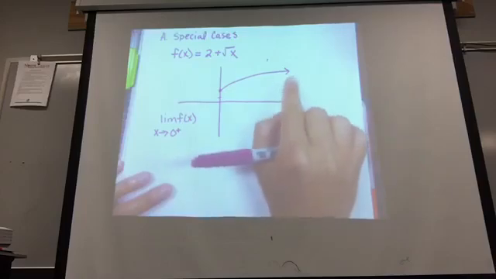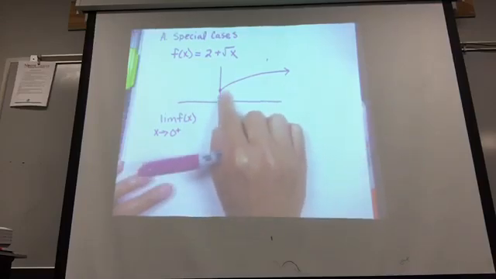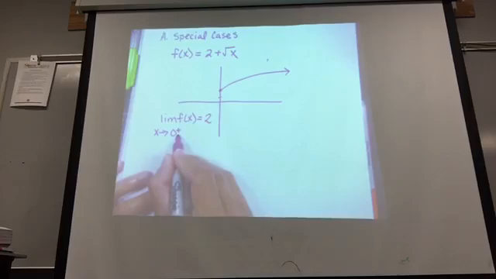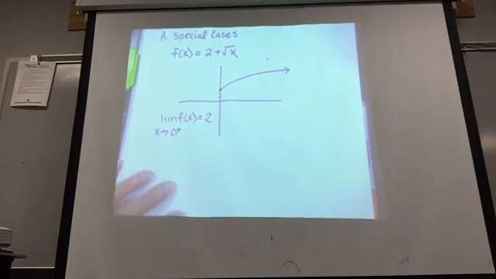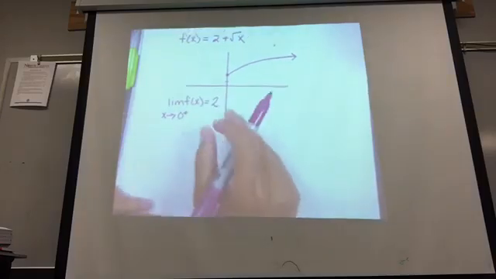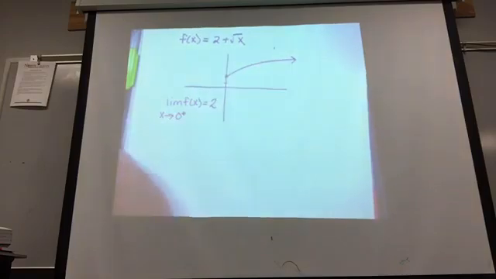If I only evaluate it moving closer to 0 from the right, I know it equals 2. So the plus sign denotes from the right. That's a special case because the domain starts at 0, so there's nothing to the left of it.